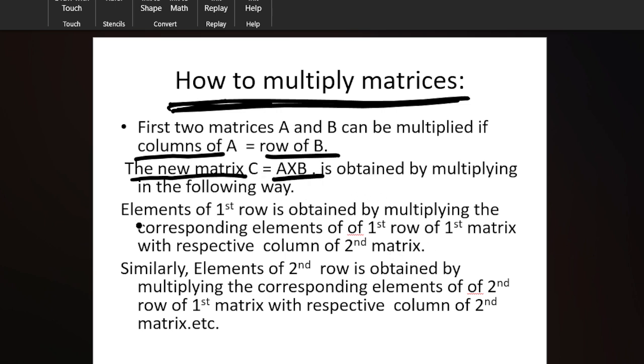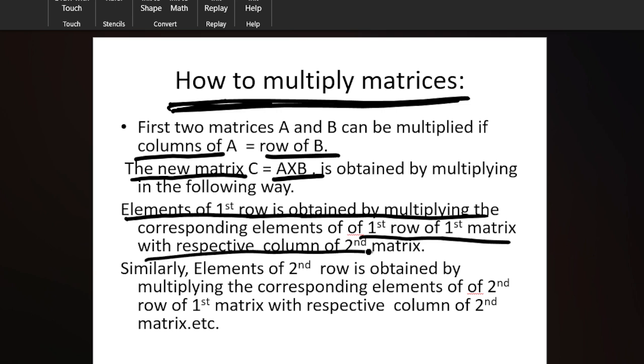Now, how do we multiply? Here, the elements of the first row are obtained by multiplying the corresponding elements of the first row of the first matrix with the first column of the second matrix.